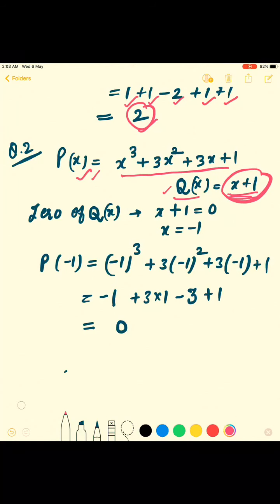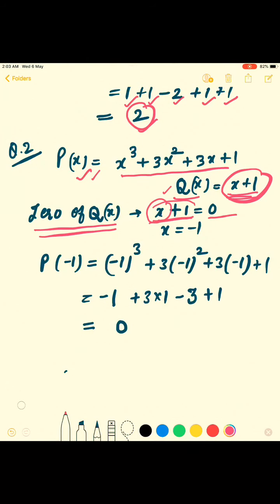To find a, I am finding the zero of q(x), meaning I am putting this equal to 0, meaning I am finding that value of x which gives this complete expression as 0. So what is that value? x equals minus 1.